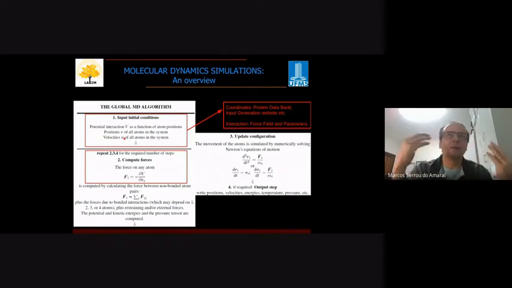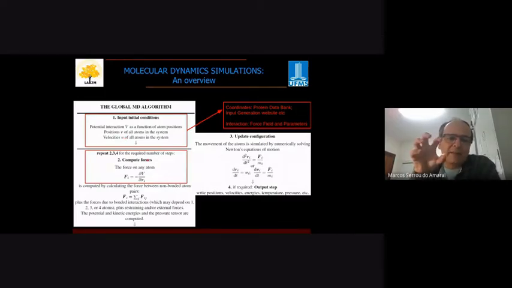Suppose I need to study my system at 300 Kelvin, so I need to heat the system to that. When the system is at 300 Kelvin, of course, all atoms will have velocities. This is the basics of thermodynamics.